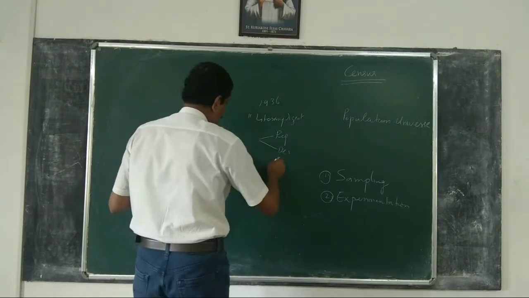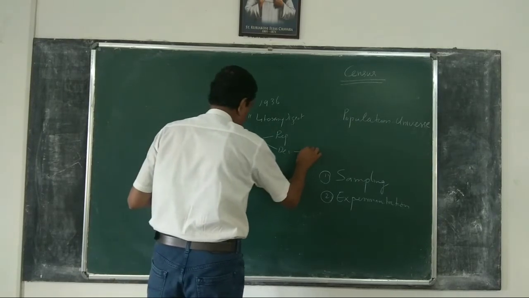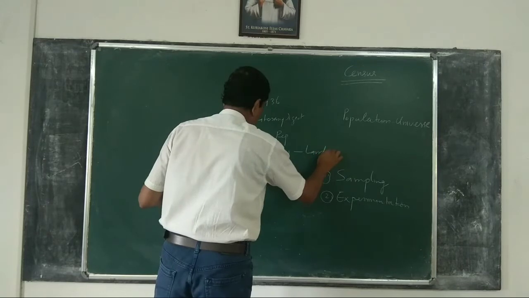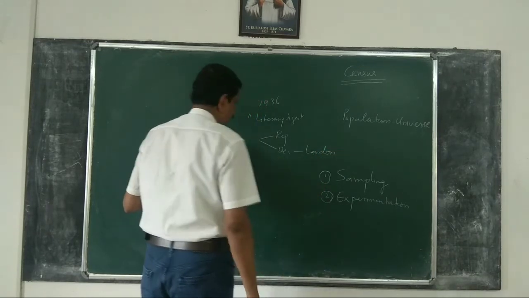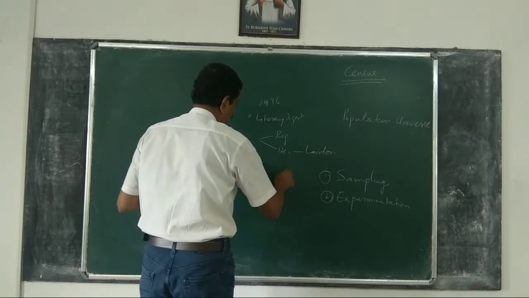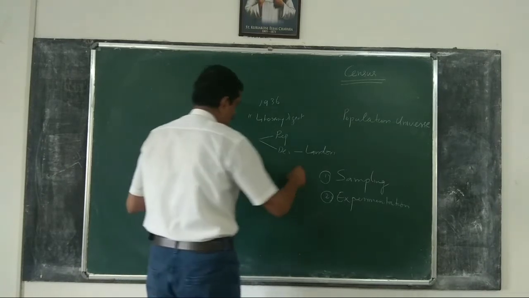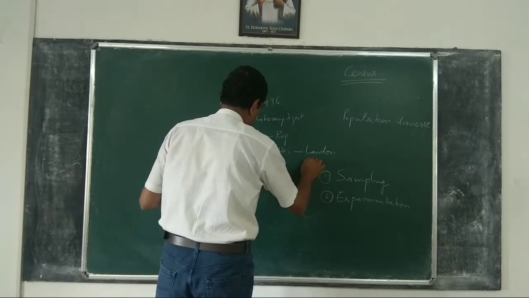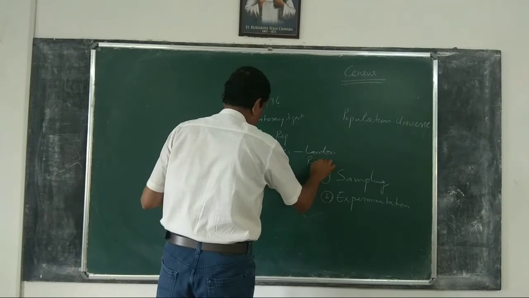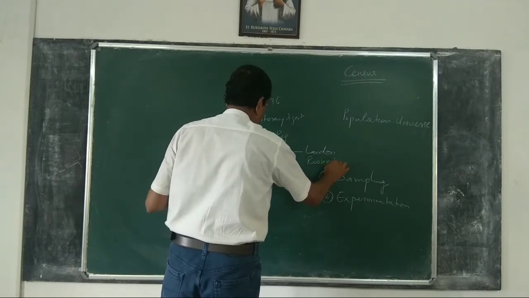And it predicted an easy win for London. But when the results were declared, it was a landslide victory for Roosevelt.